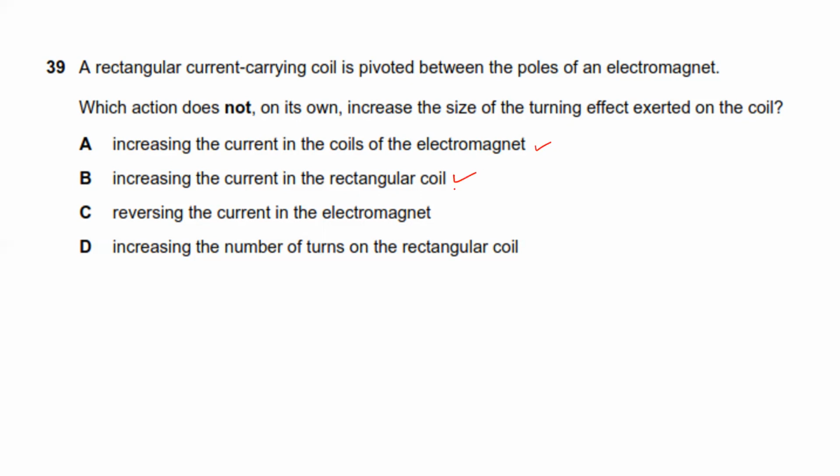Reverse the current in the electromagnet. So if the current is reversed, the direction of rotation will be reversed, but there is no effect on the turning effect or the rotation of the coil. Increasing the number of turns will increase the turning effect of the motion. So answer C is the best choice we have in this case.